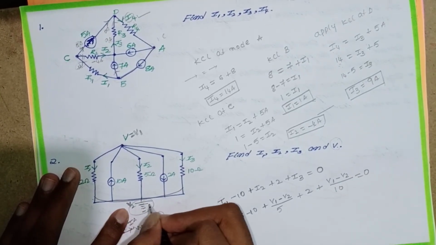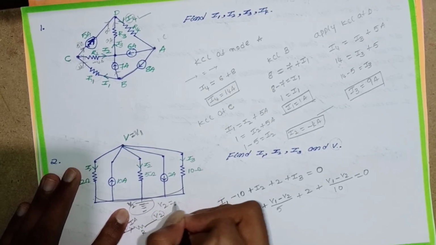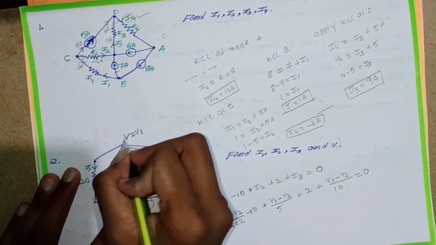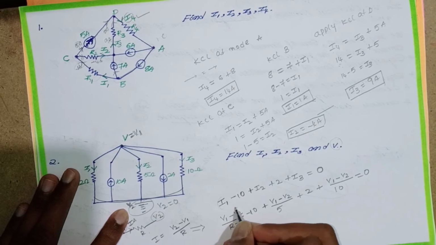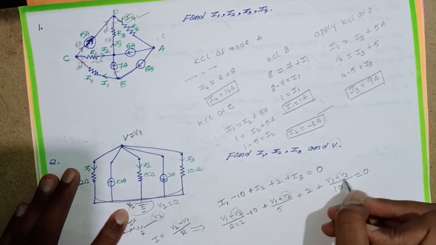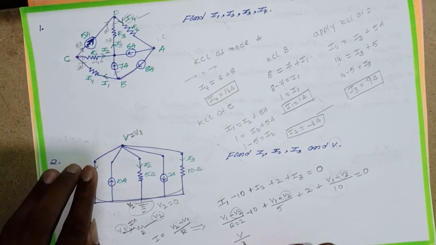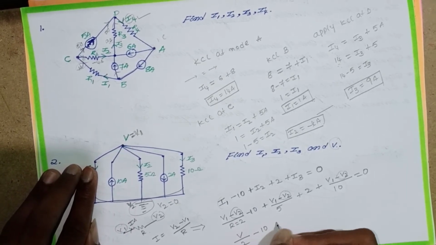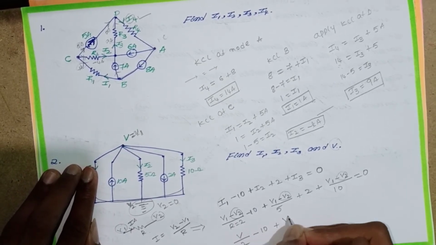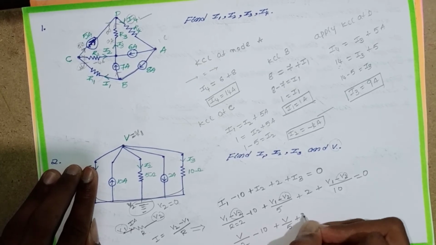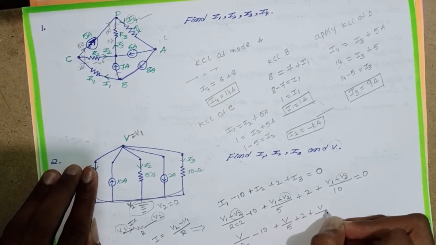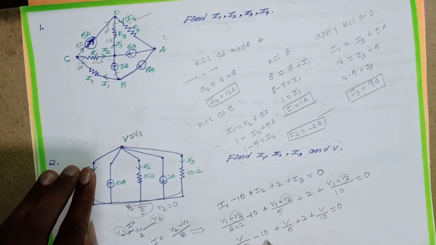In this I will ground, so V2 is equal to 0. I will consider V1 is equal to V. So V by 2 minus 10 plus V by 5 plus 2 plus V by 10 is equal to 0.